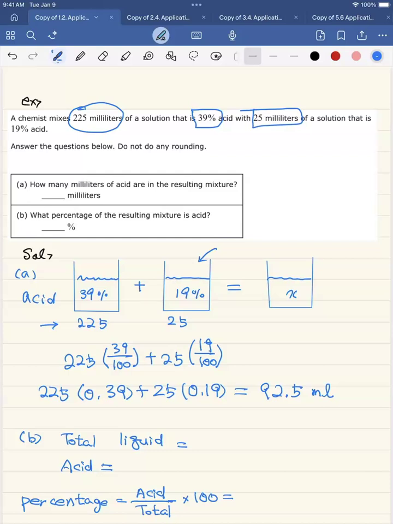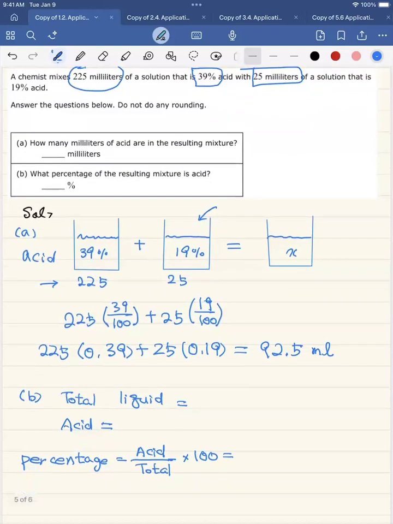The second question is what percentage of the resulting mixture is acid? This time, we have to figure out the percentage of the acid in the resulting cup.